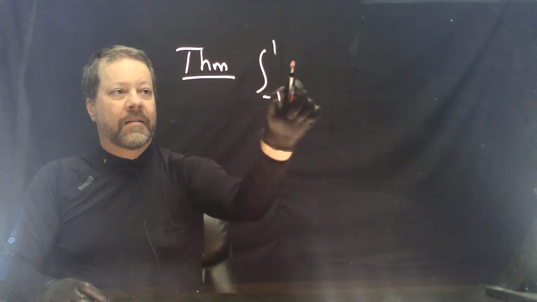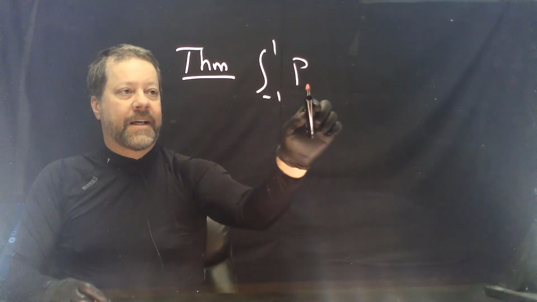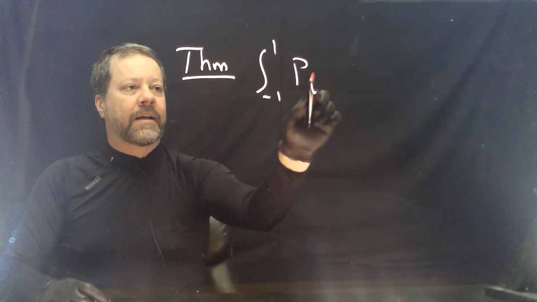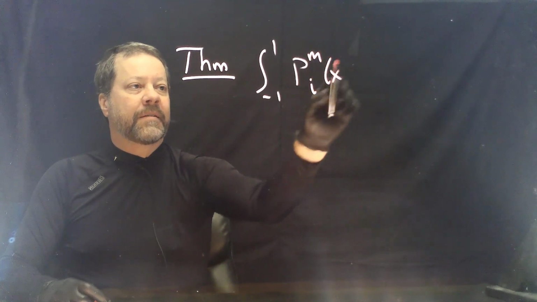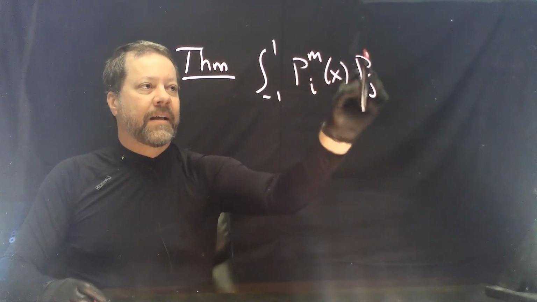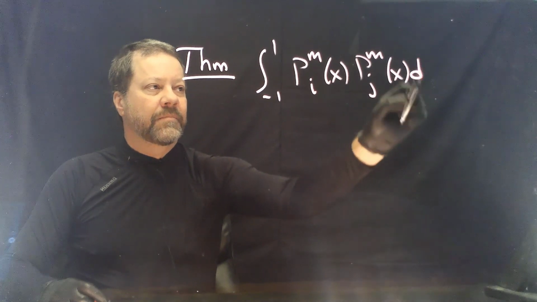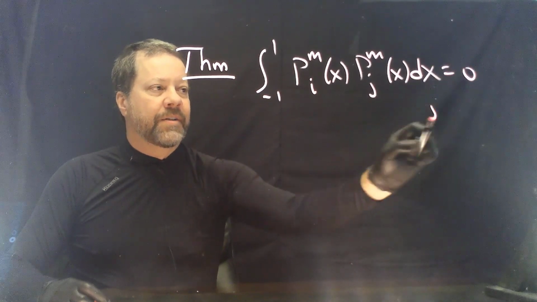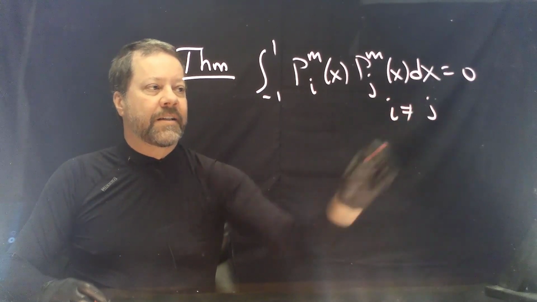We have the theorem that if we have, say, Pim and Pjm, you get 0 if i is distinct from j.